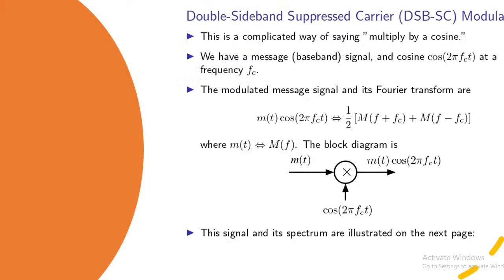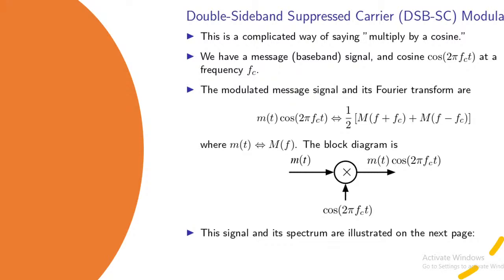Now we come to double sideband suppressed carrier modulation. This part is very important from your examination point of view. DSBSC is a complicated way of saying multiply by a cosine or multiply by a sine, so multiply by a sinusoidal signal.